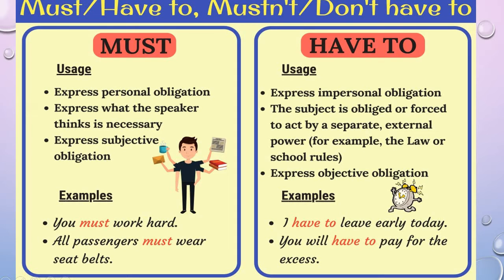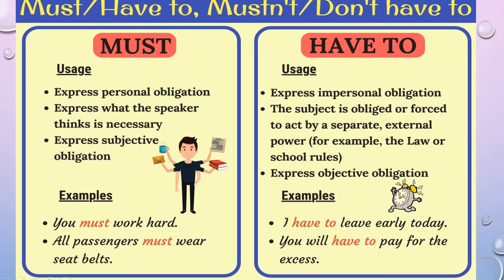There are usages: express personal obligation, express what the speaker thinks is necessary, express subjective obligation. There are two examples. You must work hard. All passengers must wear seat belts. So these are the examples when we use must.